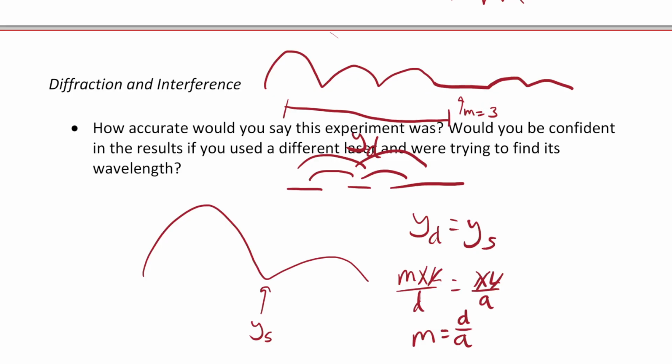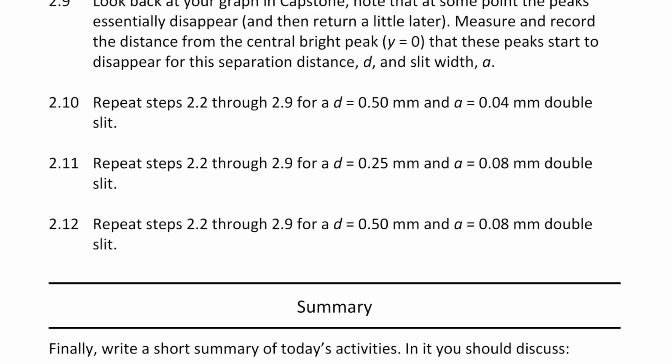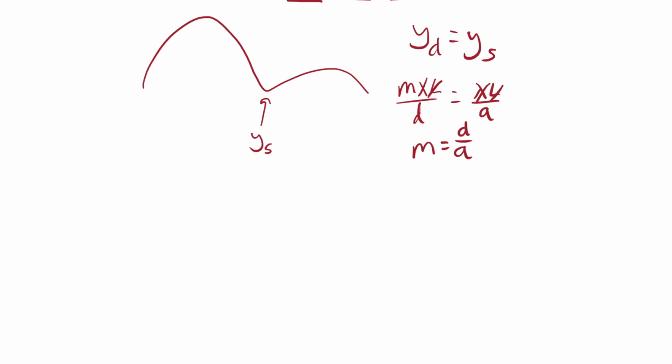And so that's the reason that for, let's say, D equals 0.25 and A equals 0.08, you would see the gap at m equals 3, because m equals 0.25 over 0.08, and this is equal to, I don't know, 3 point something, 3.125, I guess.